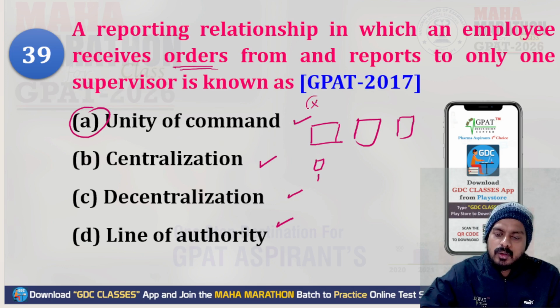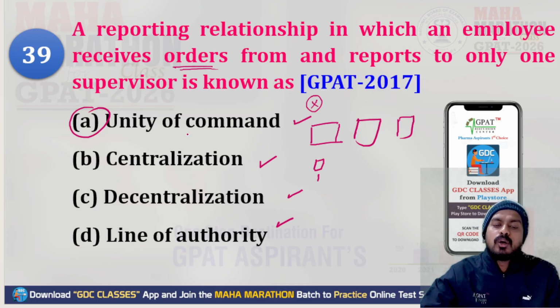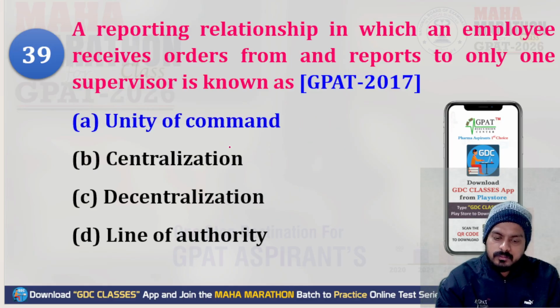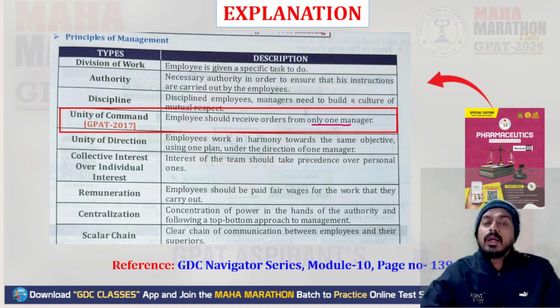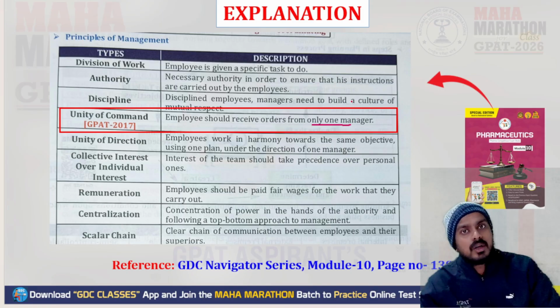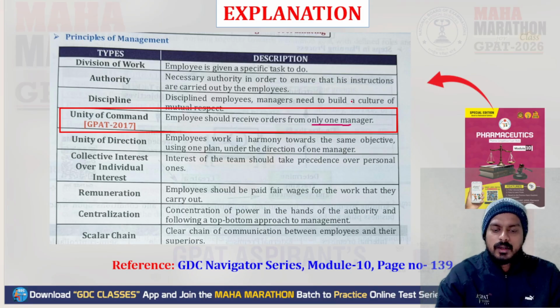The manager of X team is the one you need to report to. That is called unity of command. Unity of command means an employee should receive orders from only one manager. You report everything to a single manager, not multiple persons.